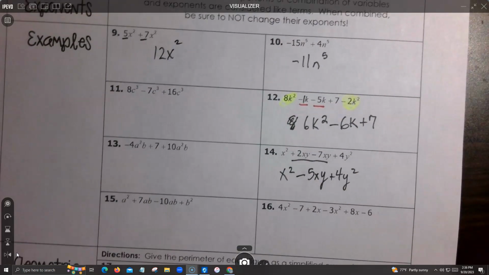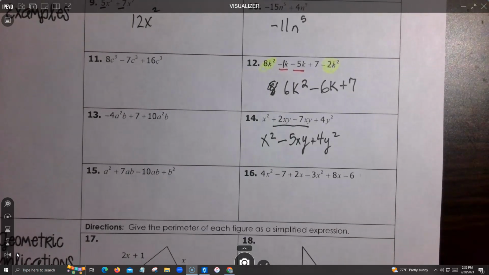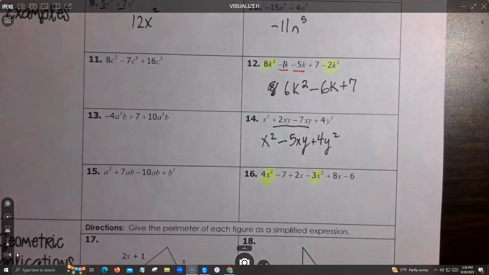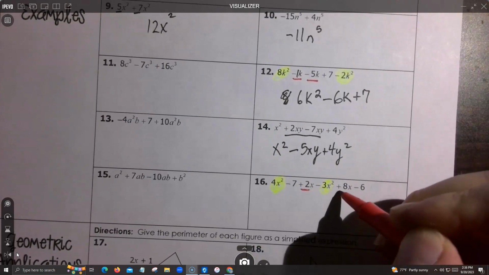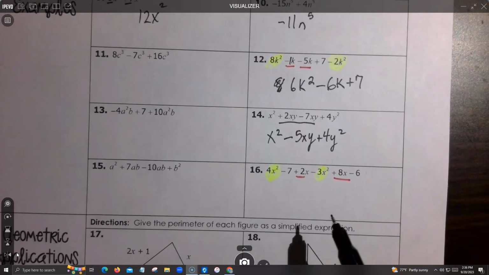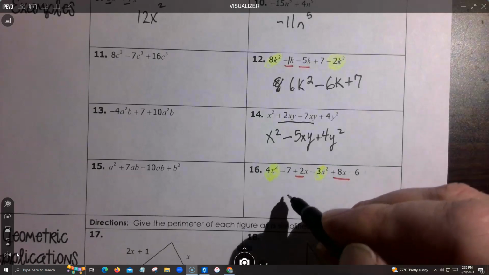Okay. All right. I'll do number 16. Number 16, it looks like I have, let me highlight again, some x squareds, some x's, and then some constants. So I've got all 3 things to do. All right, so 4x squared and negative 3x squared is just an x squared.